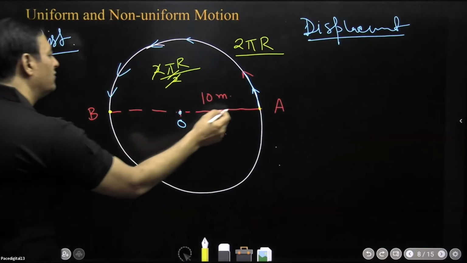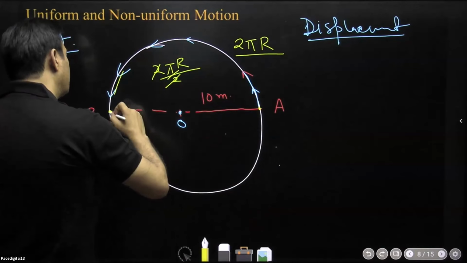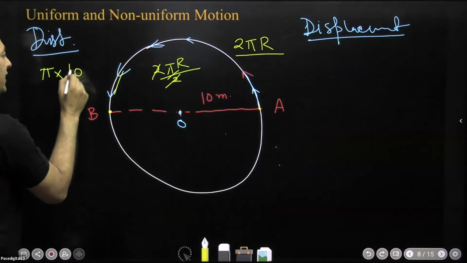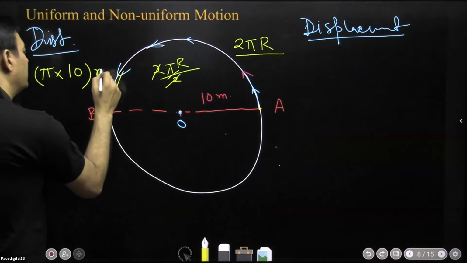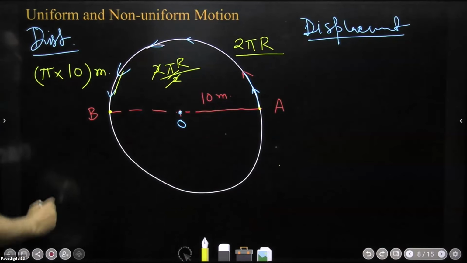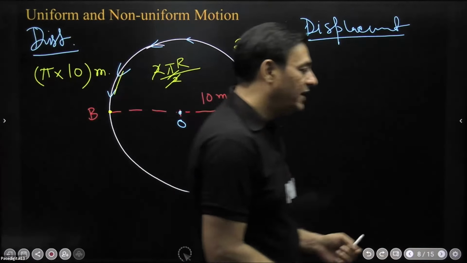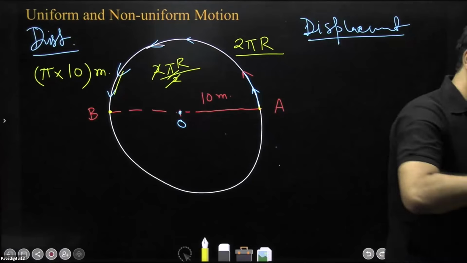So the distance covered will be the length of this semicircle, and that will be pi into r, which is pi into 10 meters. That is your answer for distance. You can keep the value of pi as 3.14.